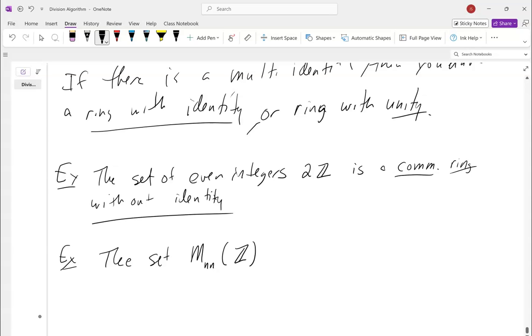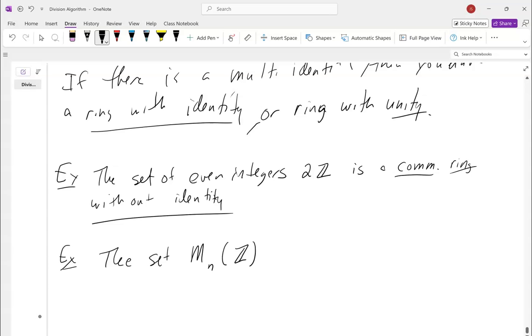To introduce another notation we might see, remember we use the capital M to denote sets of matrices, and then we use the subscript to talk about the number of rows and columns. Right now I put two N's in there. That's redundant when we're going to do square matrices. So a lot of times instead of putting the two N's in there, you'll just put in one N instead.